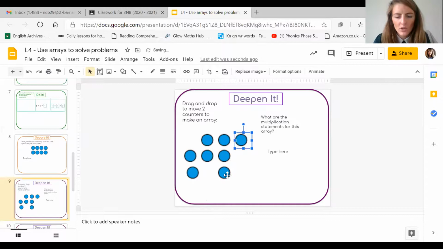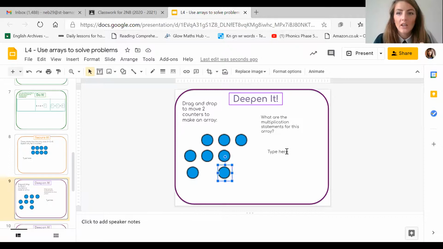So you need to move them to make an array. So where could they be moved? Have a think. Okay, so you need to move only 2 counters to make an array. And then after, I'd like you to write what multiplication statements it makes.